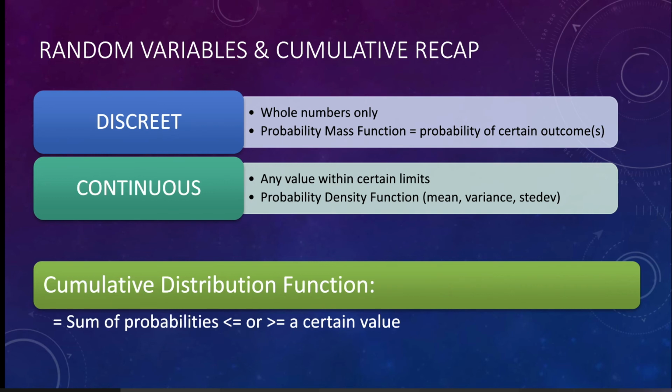Now, we have cumulative functions or mass functions, and the difference is that cumulative functions are the sum of all probabilities lower than or higher than a specific value, and we'll look at that more closely later on.